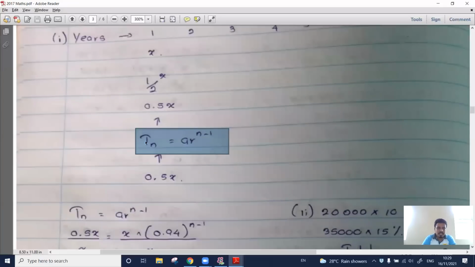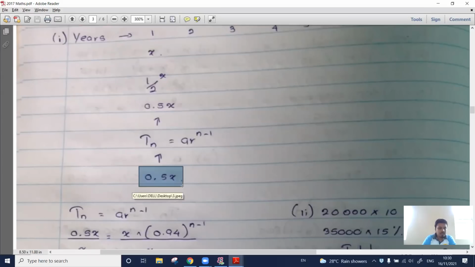In a geometric progression, we can find the nth term value using this formula: Tn equals a into r to the power n minus 1. Right. So if our first term value is x, we need to find when it becomes 0.5x. අපේ පළවෙනි term value එක x නම් මේක 0.5x වෙන්නේ මොන අවුරුද්දේද? මෙන්න මේ n value එකයි හොයාගන්න ඕන.